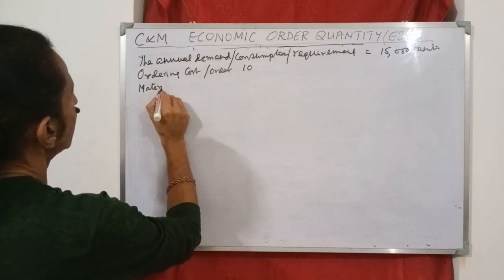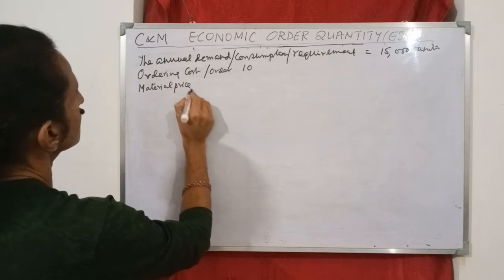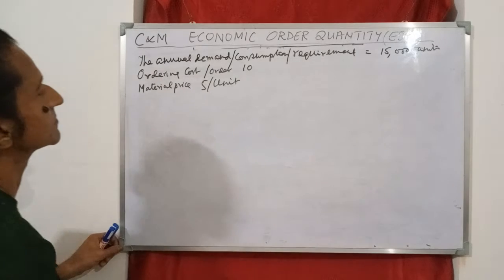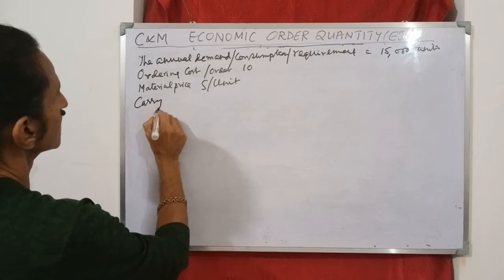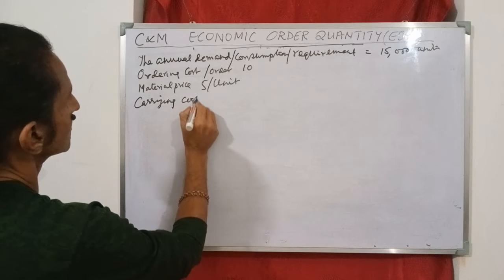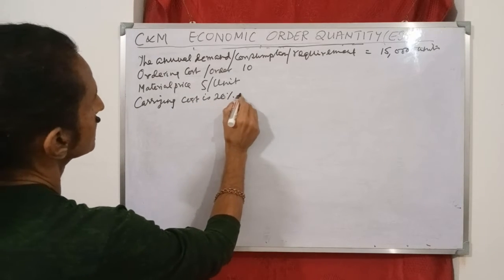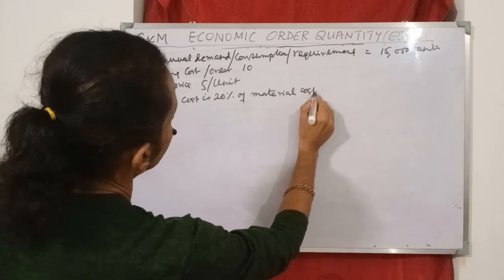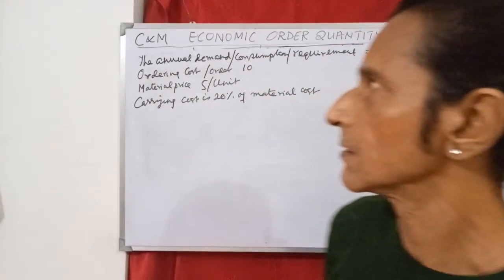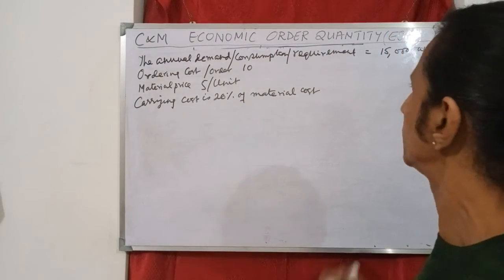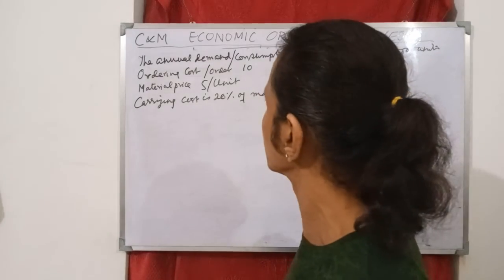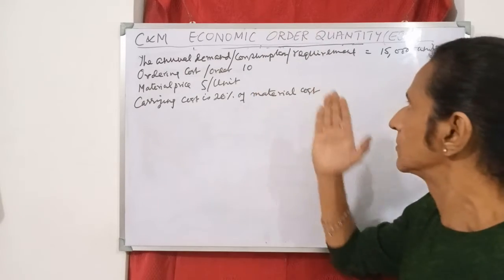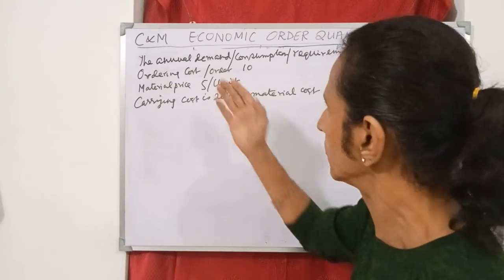Material price or inventory price is 5 per unit, and carrying cost is 20% of material cost, that is material purchase price or inventory purchase price. So annual requirement is given 15,000 units, ordering cost per order is 10, material price is 5 per unit, and carrying cost is 20% of material cost, that is 20% of 5.